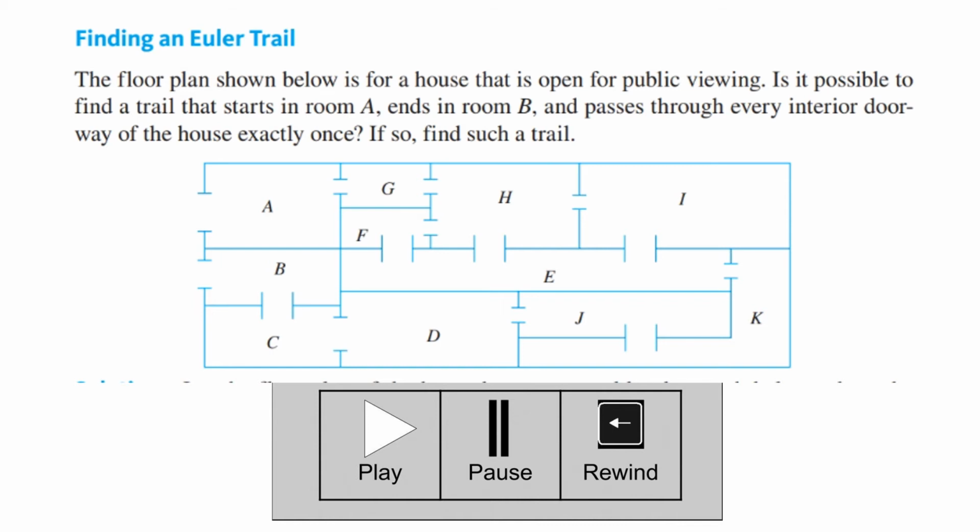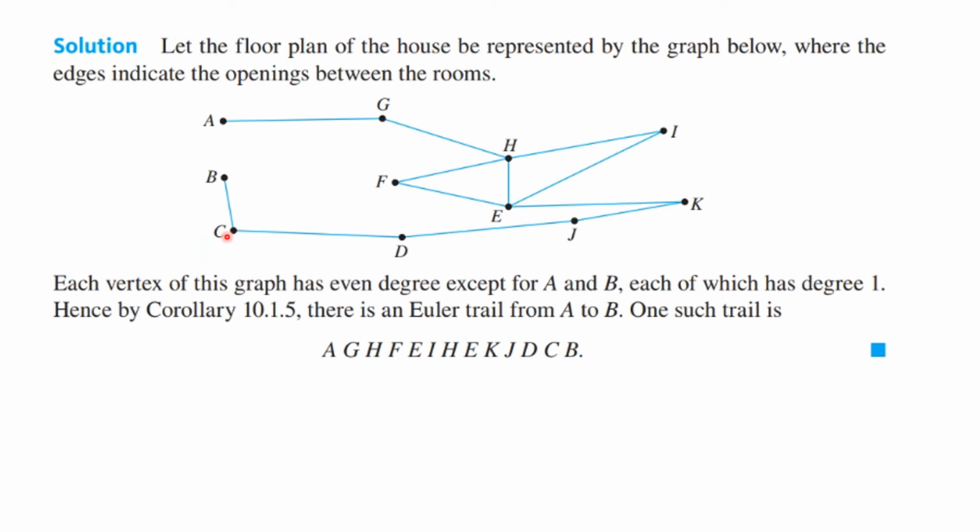Let's see how you did. Well, the degree of A and B are both 1, and every other node has a degree that is an even number, and so there certainly is an Euler trail, and one such trail goes this way.